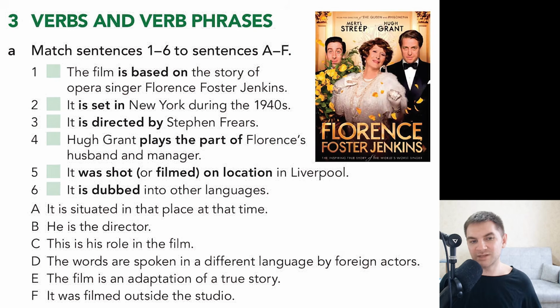Then you have meaning A through F. Your task is to match each verb or phrase from 1 to 6 to its correct meaning from A to F. Let me give you an example. Imagine sentence 2 says, the film is set in New York, and meaning A says, it is situated in that place at that time. So you would match is set in with meaning A.